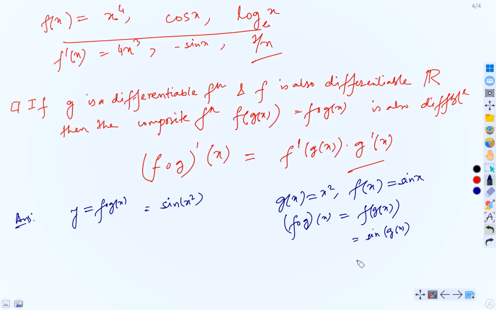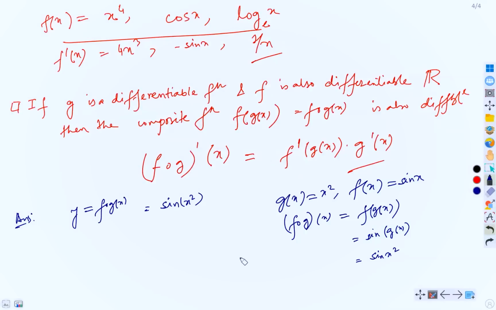Because f of x is sine x, sine of g(x) is sine x square. Yes. So our g(x) in this case is x square and f(x) is sine x. So the composite function theorem is saying you differentiate f(x) and you differentiate g(x) and then multiply both.